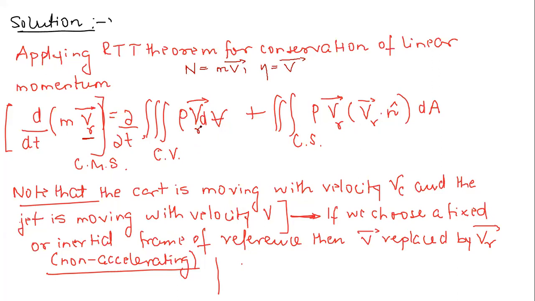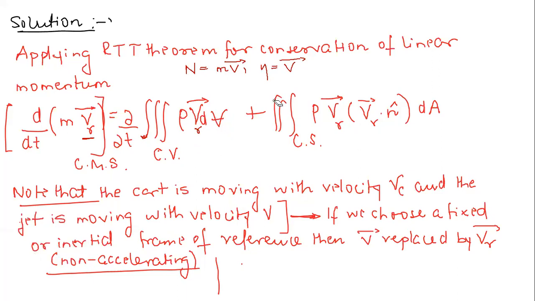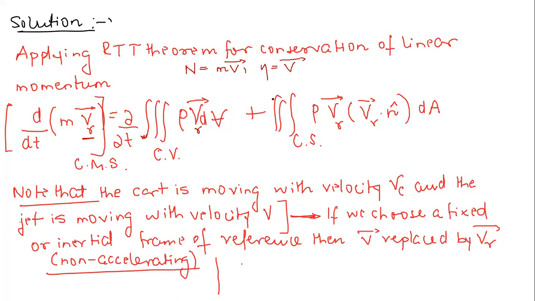So it will be delta by delta t, then integration over the control volume of rho vr vector dV, plus the integration over the control surface of rho vr vector dot n vector dA, or n cap dA.